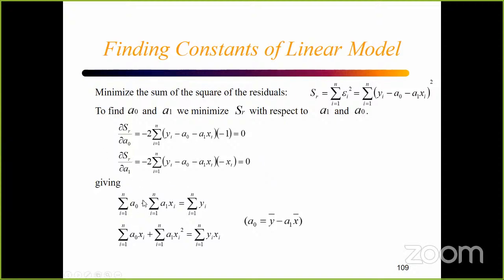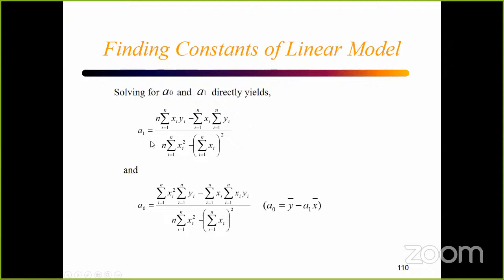Summation of a0 plus summation of a1 xi must be equal to summation of yi. This is the first derivative. Since a0 is the average of y minus a1 times average of x, we get sigma a0 xi in the second equation, plus sigma of a1 xi square is equal to sigma of yi xi.